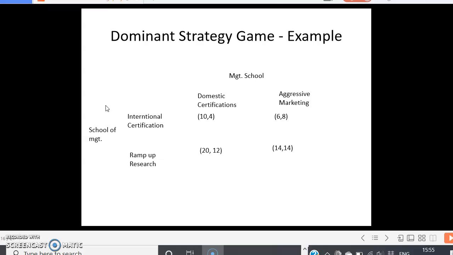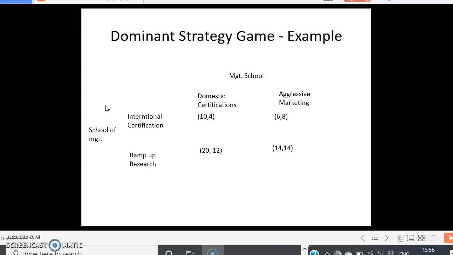Now, let's look at another scenario. School of Management has gone for ramping up of research. If the Management School under this scenario goes for domestic certifications, it has a payoff of 12. But if it goes for aggressive marketing, it has a payoff of 14.